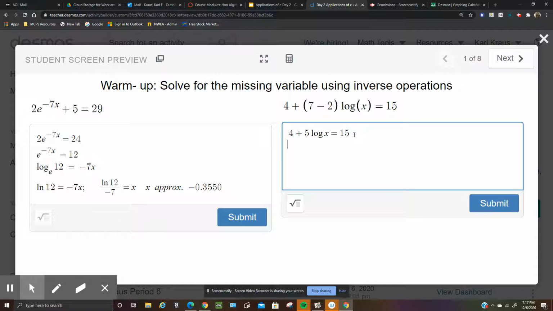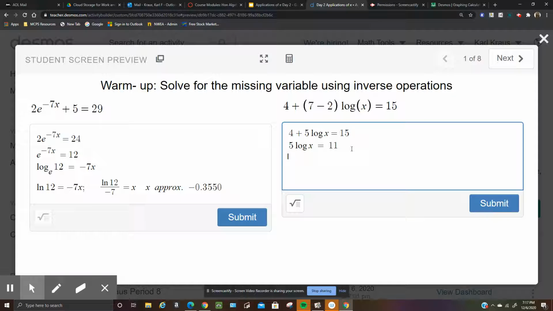And then subtract 4 from both sides. So 5 log x equals 11, and then divide by 5.